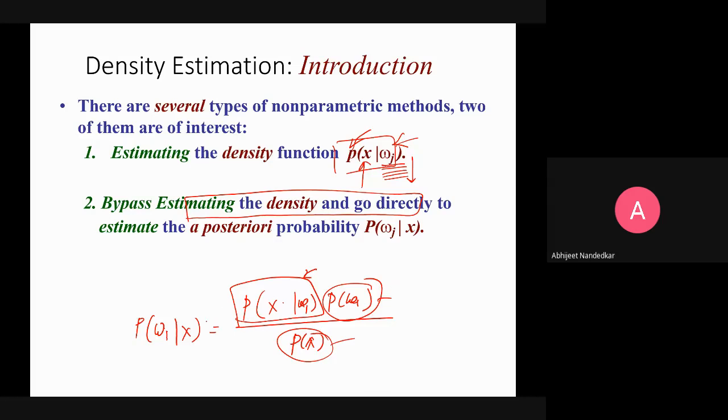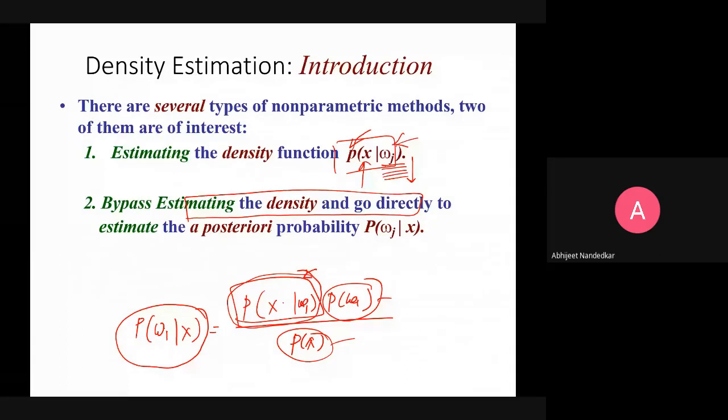Then we can do this calculation of the posterior and take the decision. So the procedure remains the same for the decision making, but the estimation of this quantity will be dealt with by the new method, that is parzen window.